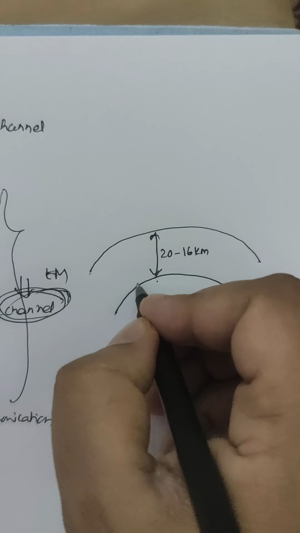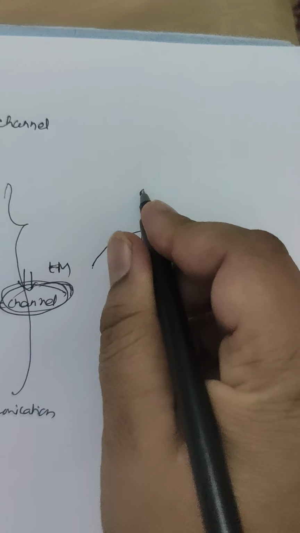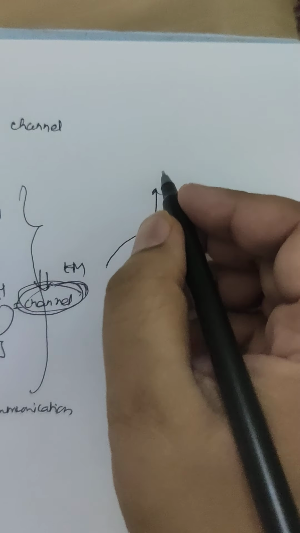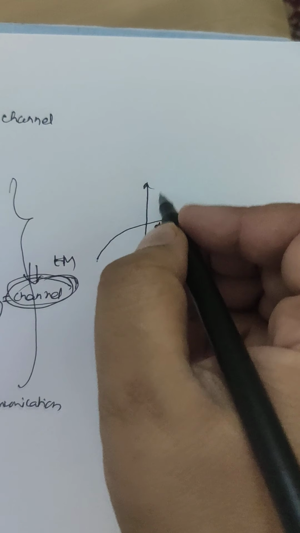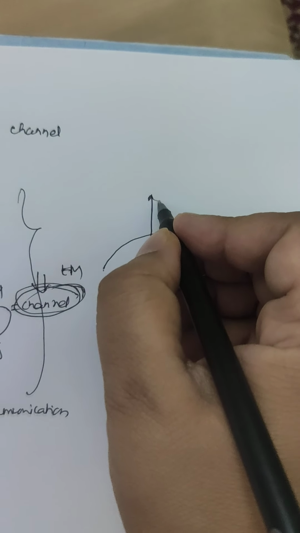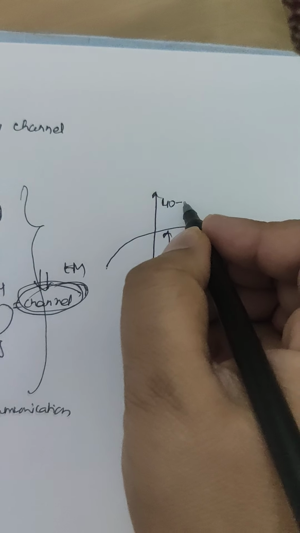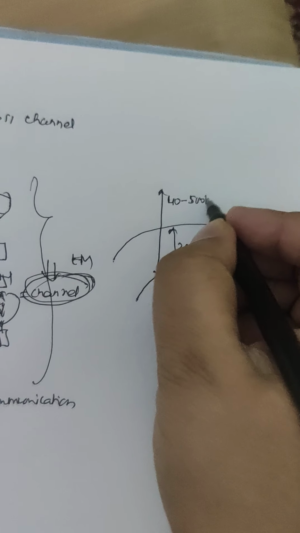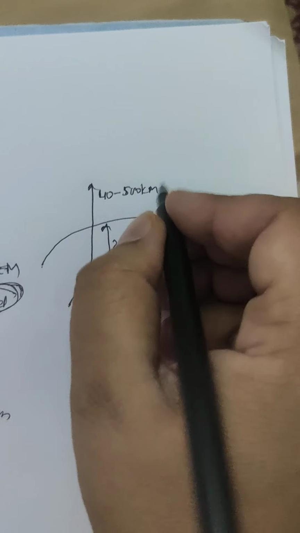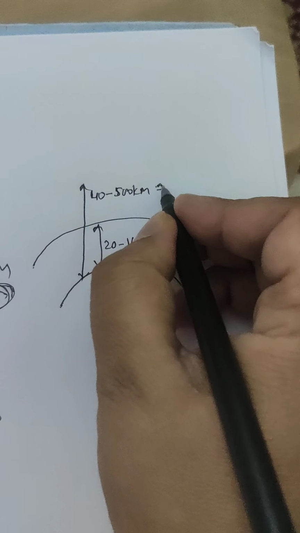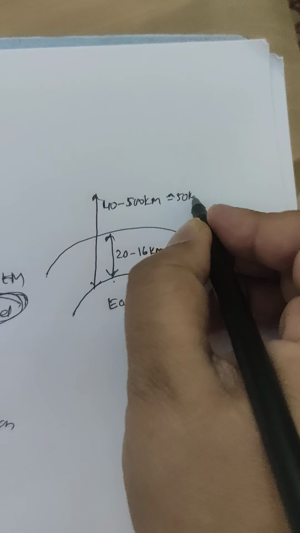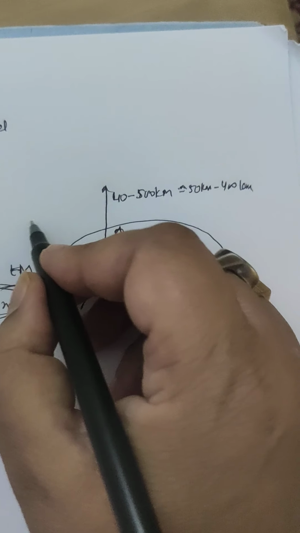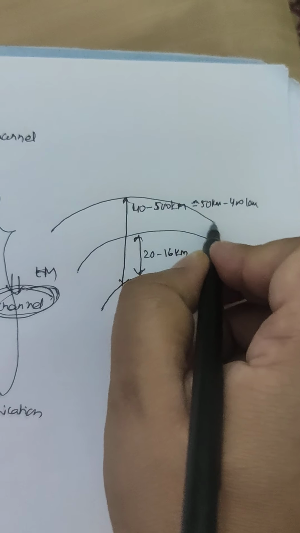If we go further up from the earth's surface, roughly 50 kilometers to 400 kilometers approximately, there is another layer.